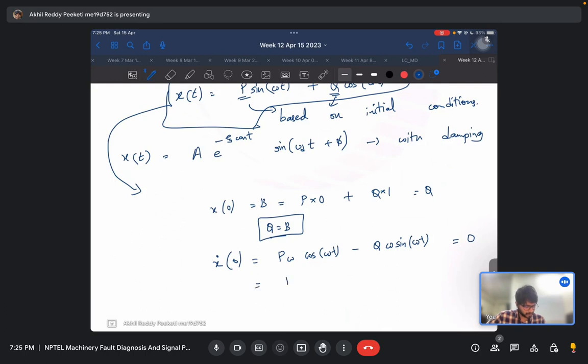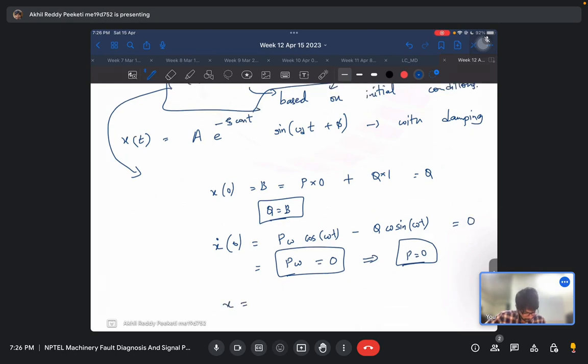So this would be P omega equals Q omega sin 0, which is 0. That means P is equal to 0. So the displacement equation would be x of t equals B cos omega t, with P as 0 and Q as B.